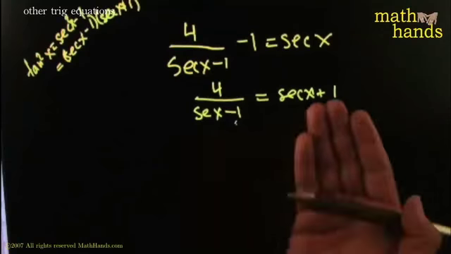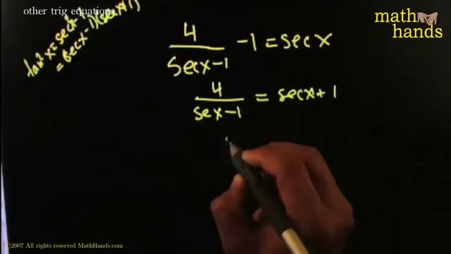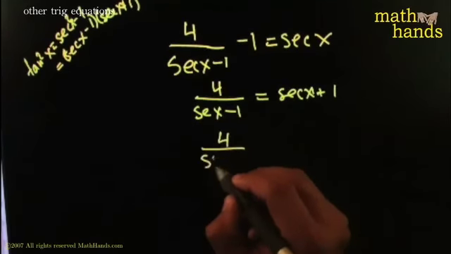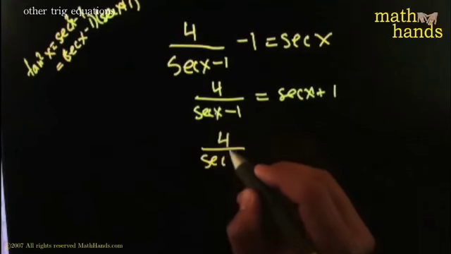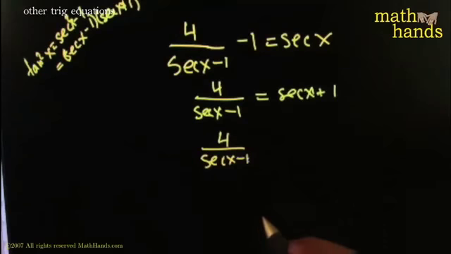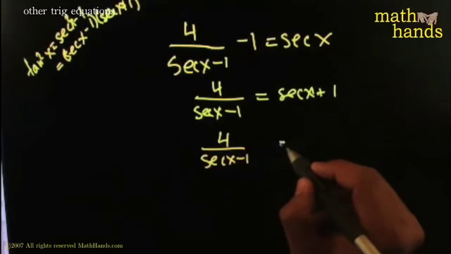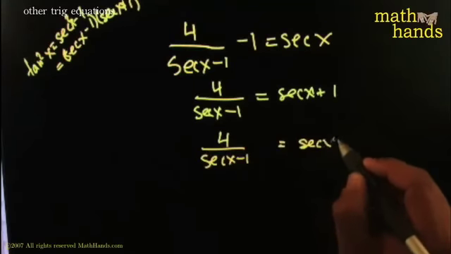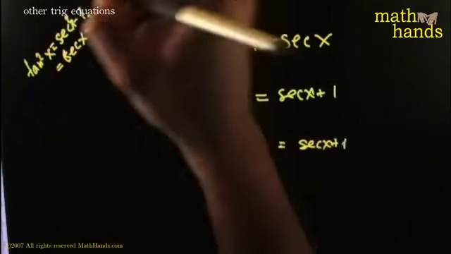So I'll multiply both sides by it. And here again, as I multiply both sides, whoa, that was a Freudian slip. Secant x minus 1 is equal to secant x plus 1. Here's what's going to happen, okay?